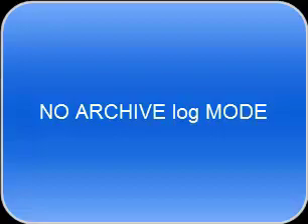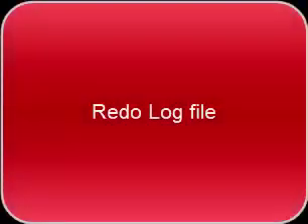Before that, we can look at another thing, the redo log file. The redo log file is a file connected with the database, and the changes we make inside the database are stored in the redo log file. So the redo log file is very important for our database.